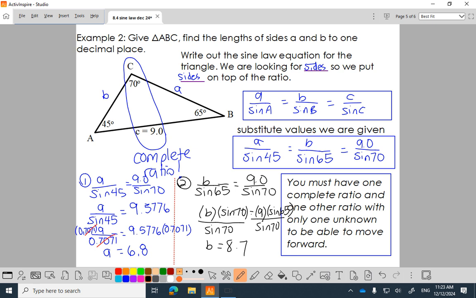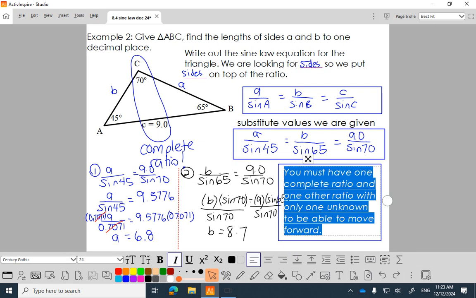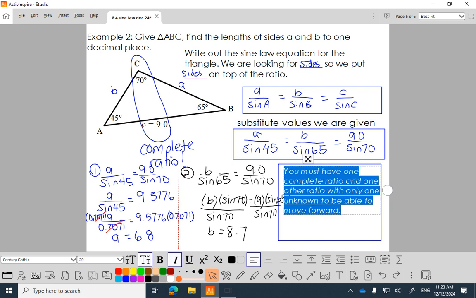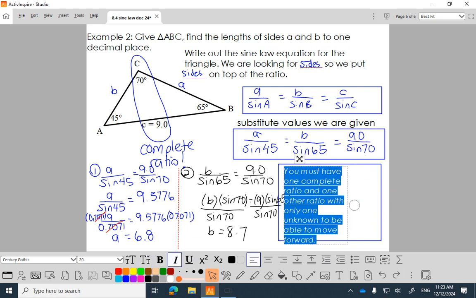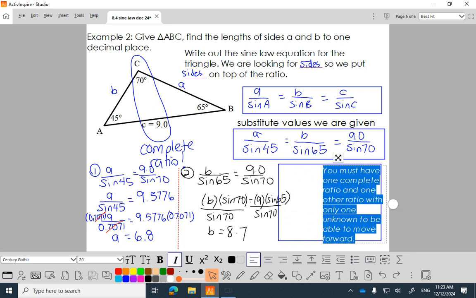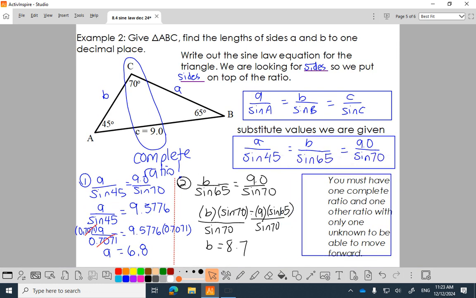You do not need to do inverse operations. You do not need to show both. You pick what you like. That's supposed to be 0.7.